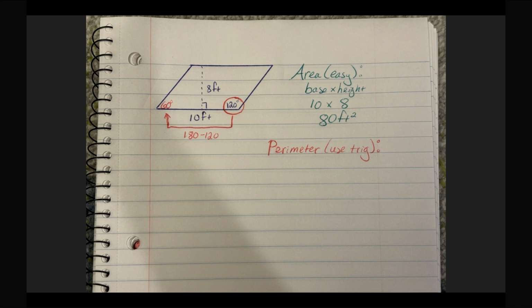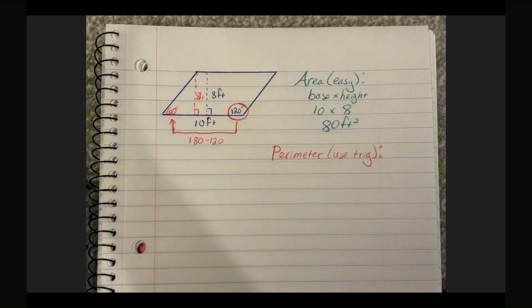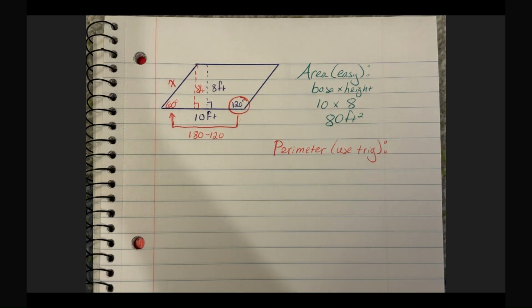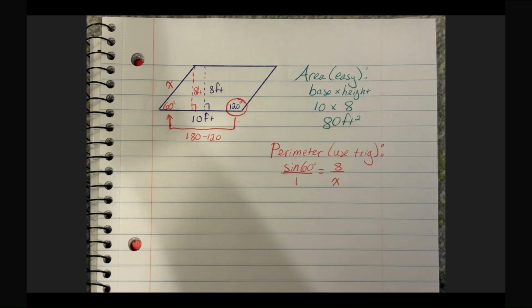We still don't really have a right triangle here, so we're also going to take our 8-foot line and just scoot it over a bit to make a nice, neat right triangle for ourselves. And then we'll call the slant side that we're trying to find x. So then using trigonometry again, we again have the opposite side and the hypotenuse, so we'll use sine. We'll say that the sine of 60 degrees over 1 equals 8 over x.